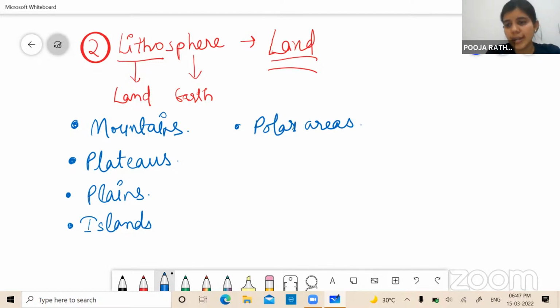These are all the types where land can occur. On mountain and also land has different types of soils also.